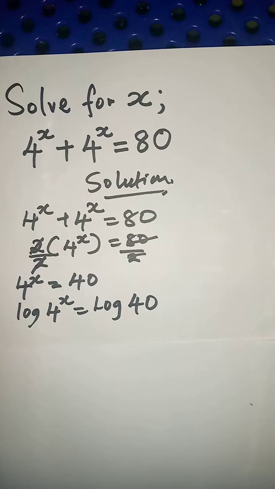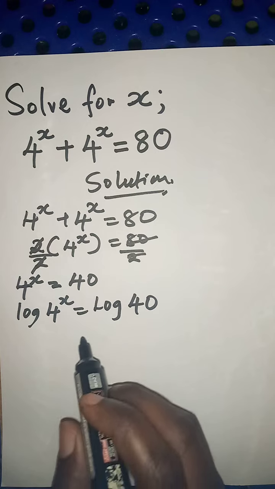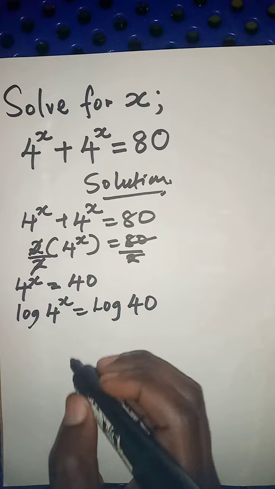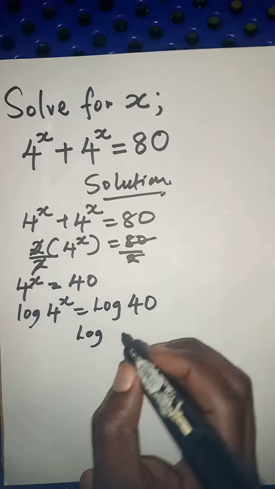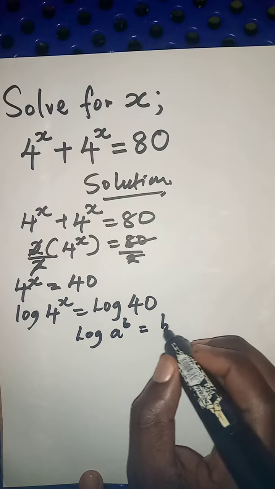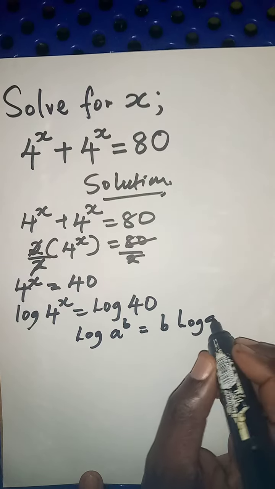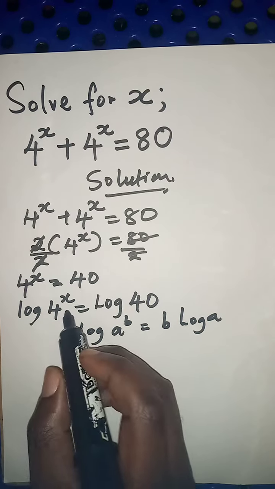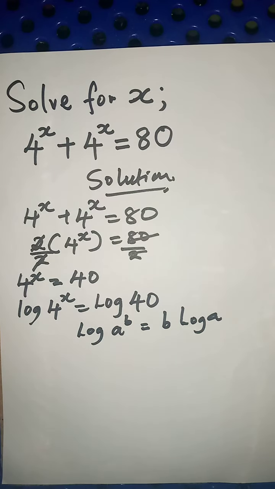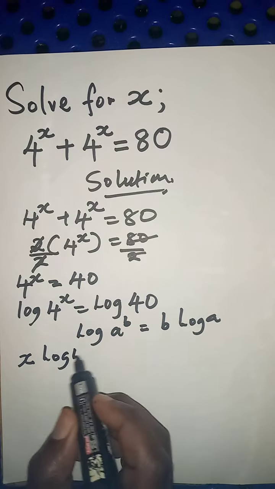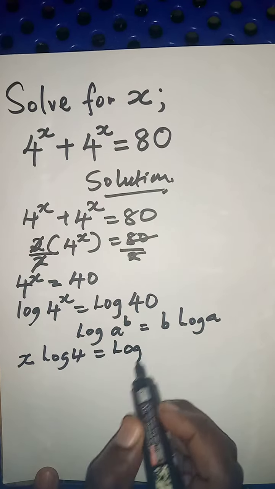The next step, using the laws of logarithm, if I have the log of a raised to b, then this is going to be written as b times the log of a. So I'm going to write this in that form, so that I have x times the log of 4 equals the log of 40.